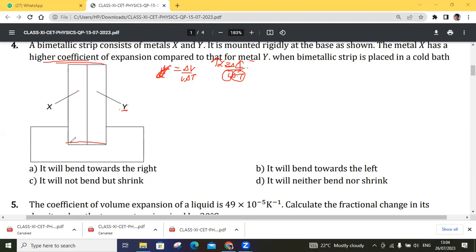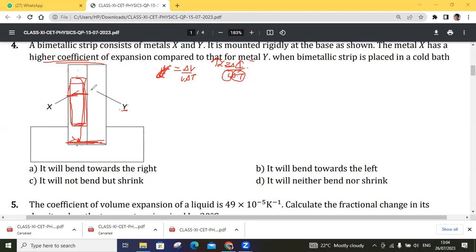But these are rigidly connected here. So X will not become like this. This is supposed to become like this, but because this is fixed, this will remain here only, and this will also remain here only. So X will compress more like this, and this will compress the least.